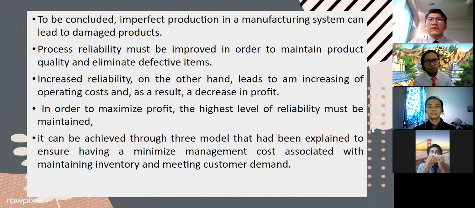In order to maximize profit, the optimal level of reliability must be maintained. This can be achieved through the three models that we just explained, to ensure minimized management cost associated with maintaining inventory and also meeting customer demand. So I think that's all from us. Thank you.